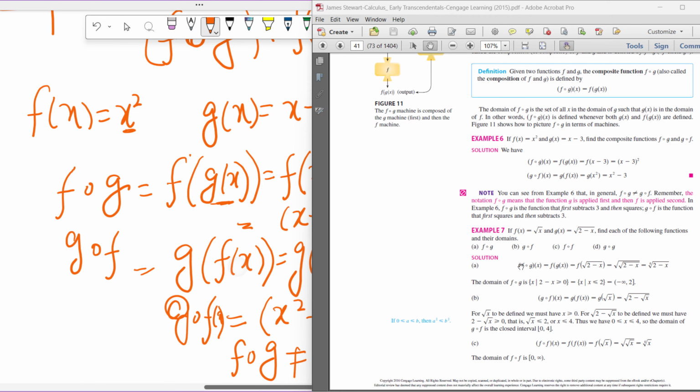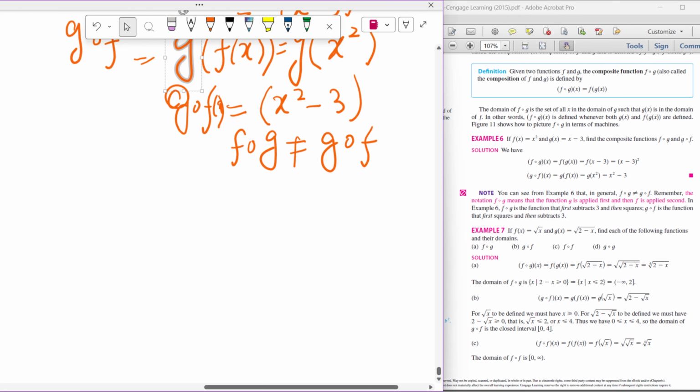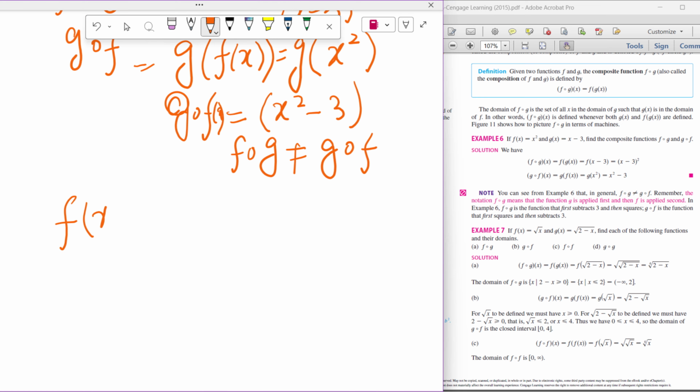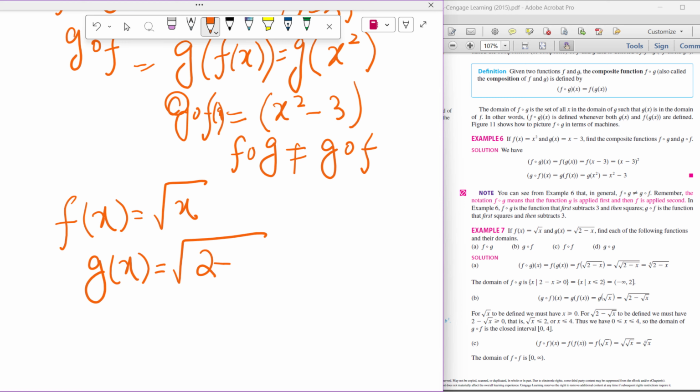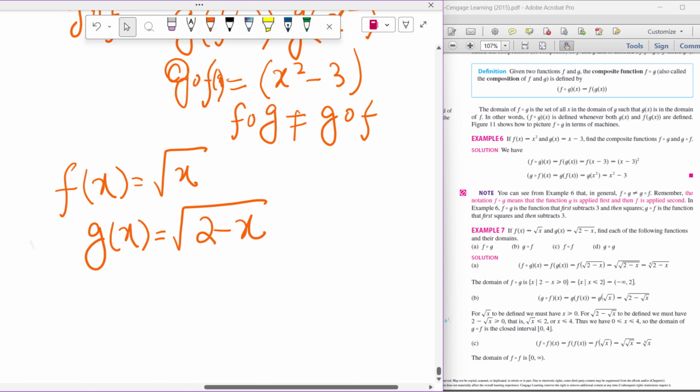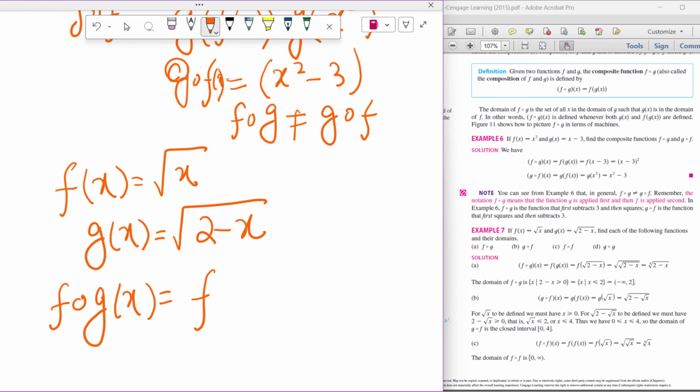Just look at another example. Let's say I have f of x equal to under root x and g of x equal to under root 2 minus x. Now I have to calculate f of g. So first I write f, then put the value of g of x, that is under root 2 minus x.